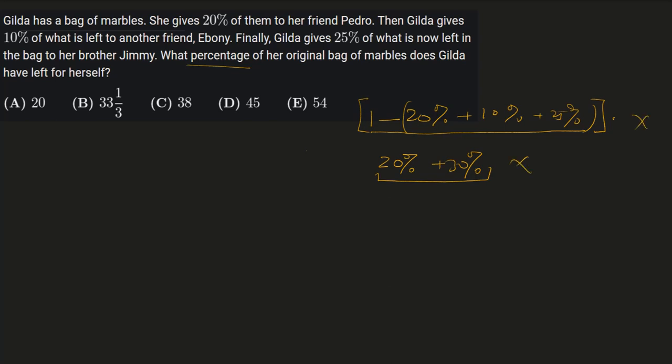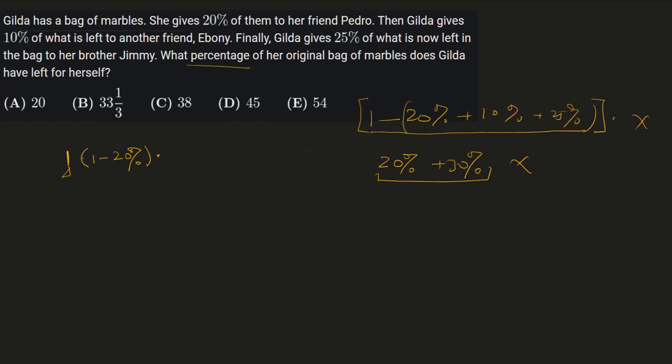Okay, so what we really need to do is, let's assume at the start we have one bag of marbles. Let's assume that's just one bag. You may need this or you can just skip it. It doesn't really matter. What we care about is she gives 20% of them away. And then what's left is 1 minus 20%. And this is what's left.